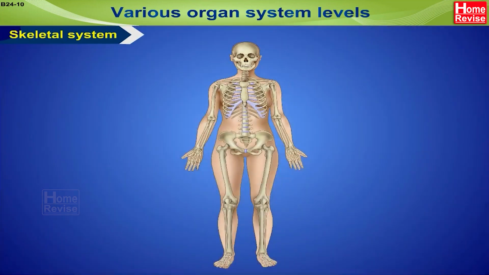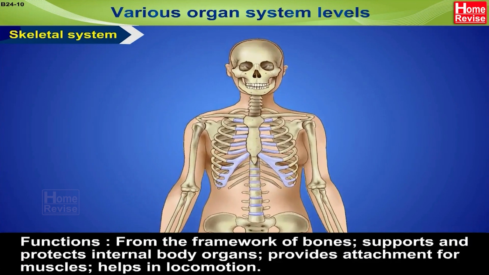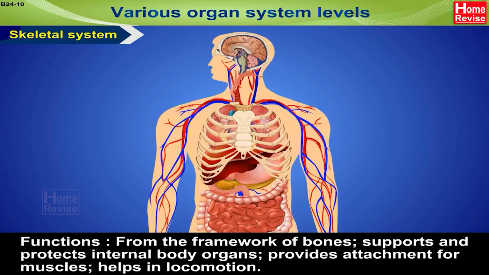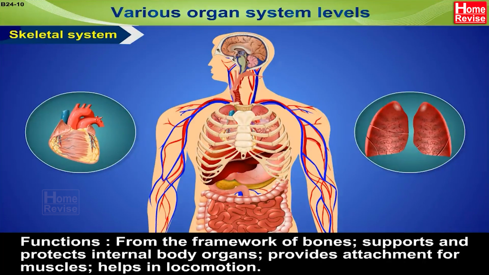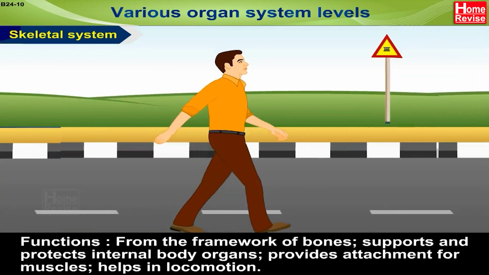The skeletal system comprises organs like bones and cartilages. It forms the framework of bones, supports and protects internal body organs, provides attachment for muscles, and helps in locomotion.